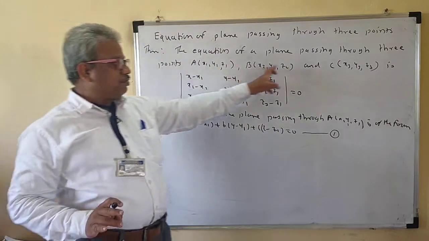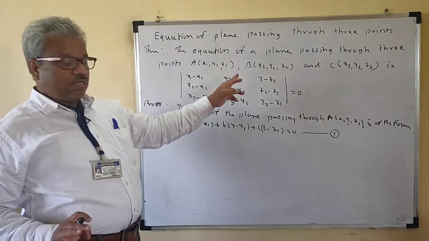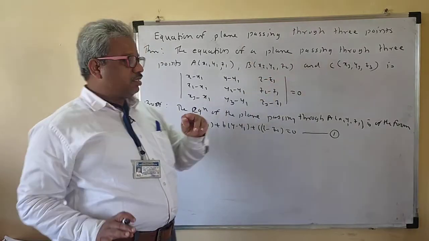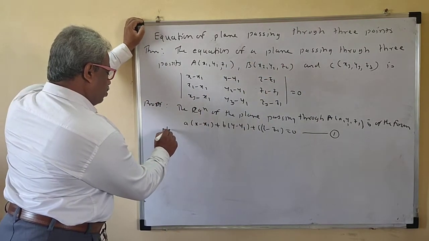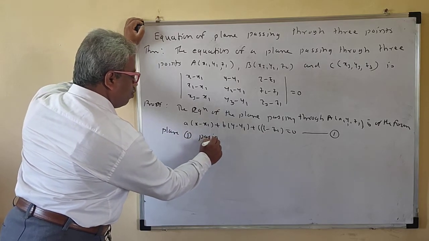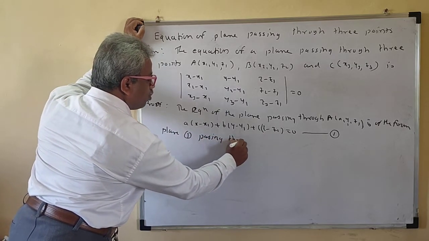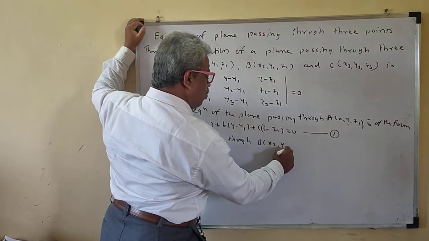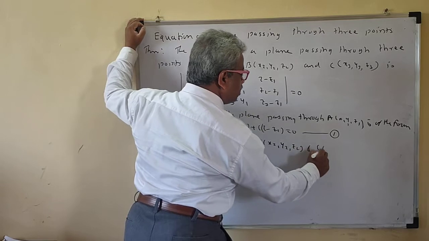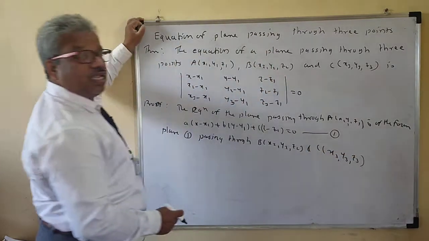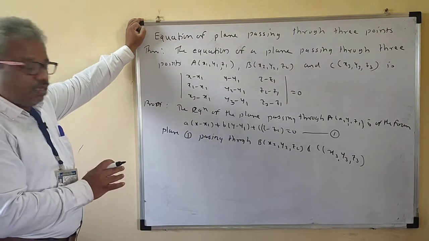So we use this. Now the plane is passing through B (x2, y2, z2) and C (x3, y3, z3). That means they satisfy the equation of the plane.